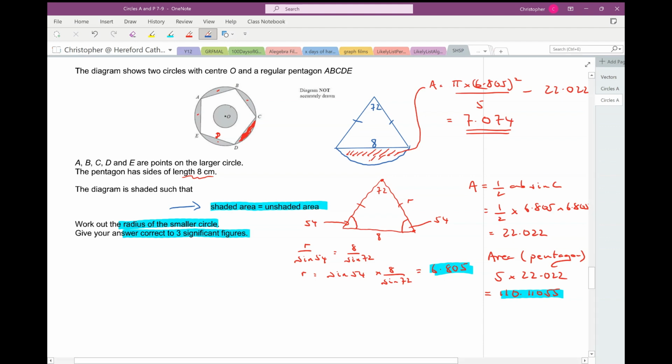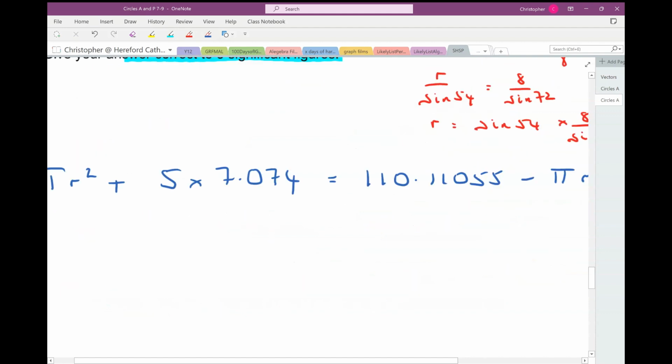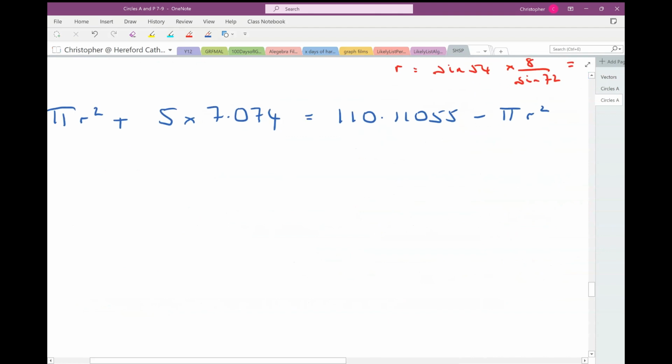Well, if I call my mystery radius here R, then the shaded area is the area of that little circle plus the 5 little slithers, so it's plus 5 times 7.074, and I know that equals the unshaded area. Well, the unshaded area is the area of the pentagon, which I've already found, subtract the area of that small circle. So there is an equation I can solve to find the radius of the small circle.